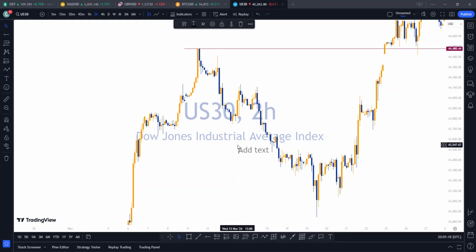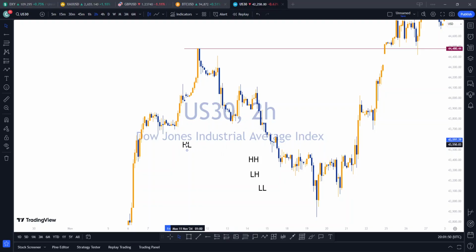Okay, let me put it like this for easier understanding. We can see we have a higher low. I'm going to need a higher high too. I'm going to need a lower high. I'm also going to need a lower low. Okay, now we can see that we have this right here, right?